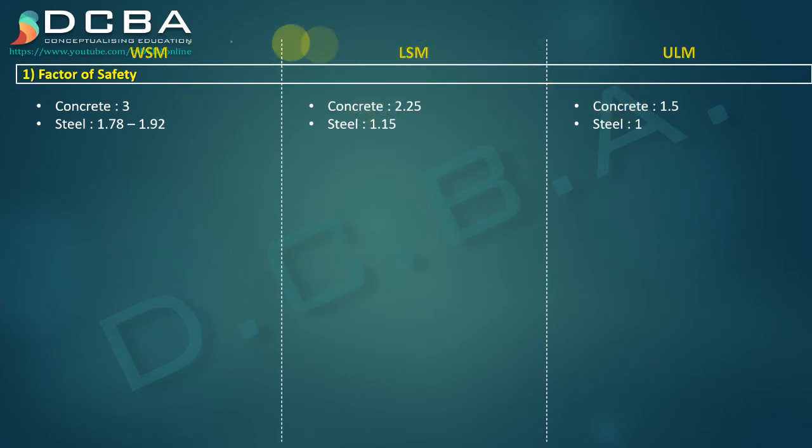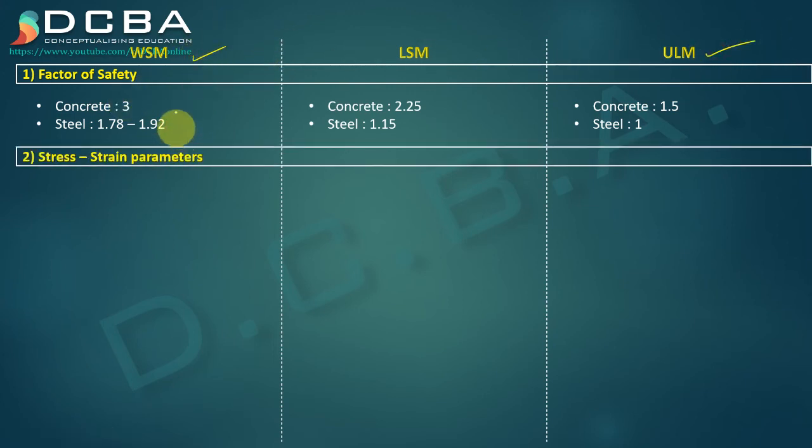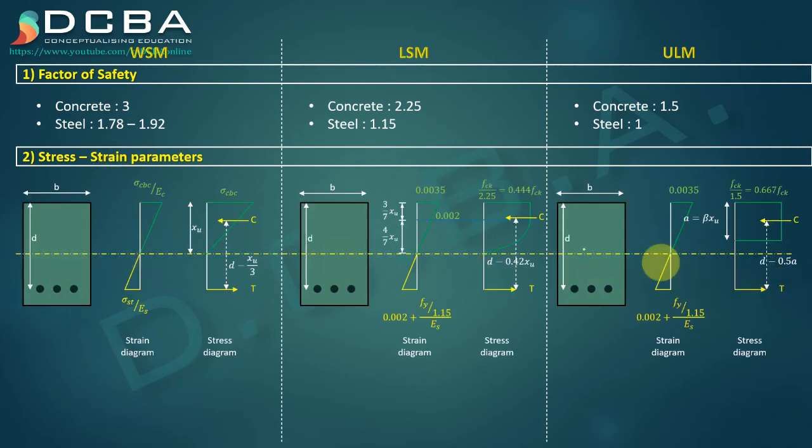So this is the difference. As you can see, we are applying the highest factor of safety in WSM and lowest in ultimate load method. Next we will move on to stress strain parameters. So again, we have studied that the stress diagram in WSM is a triangle.